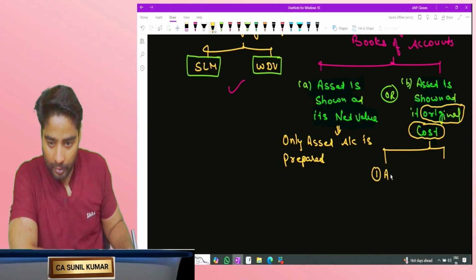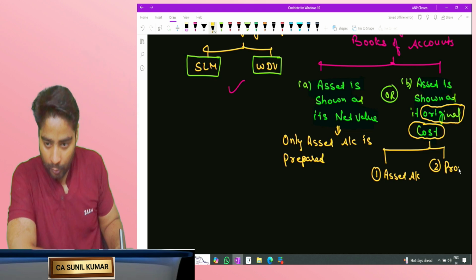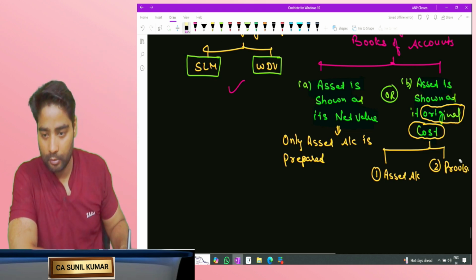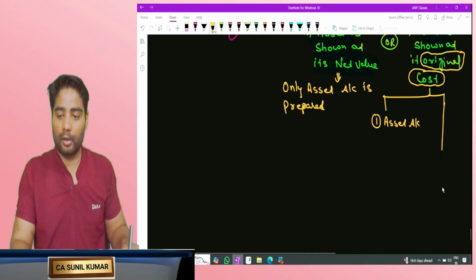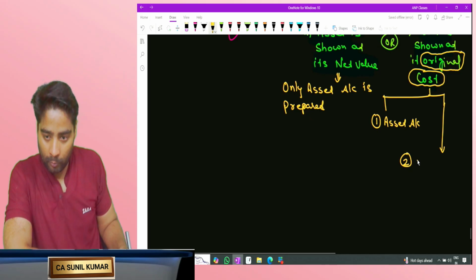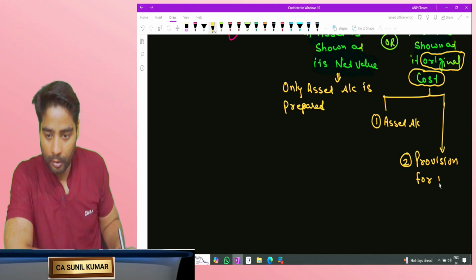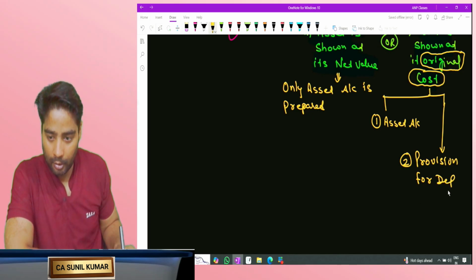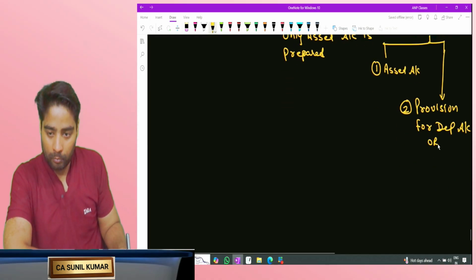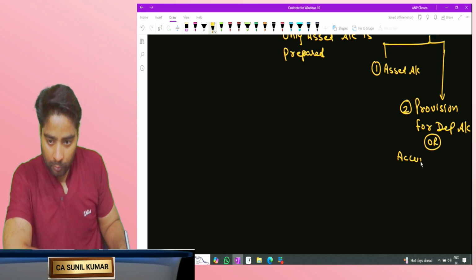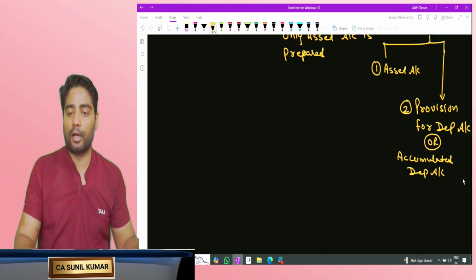One will be the asset account and the other will be the provision for depreciation account, or we can say the accumulated depreciation account.